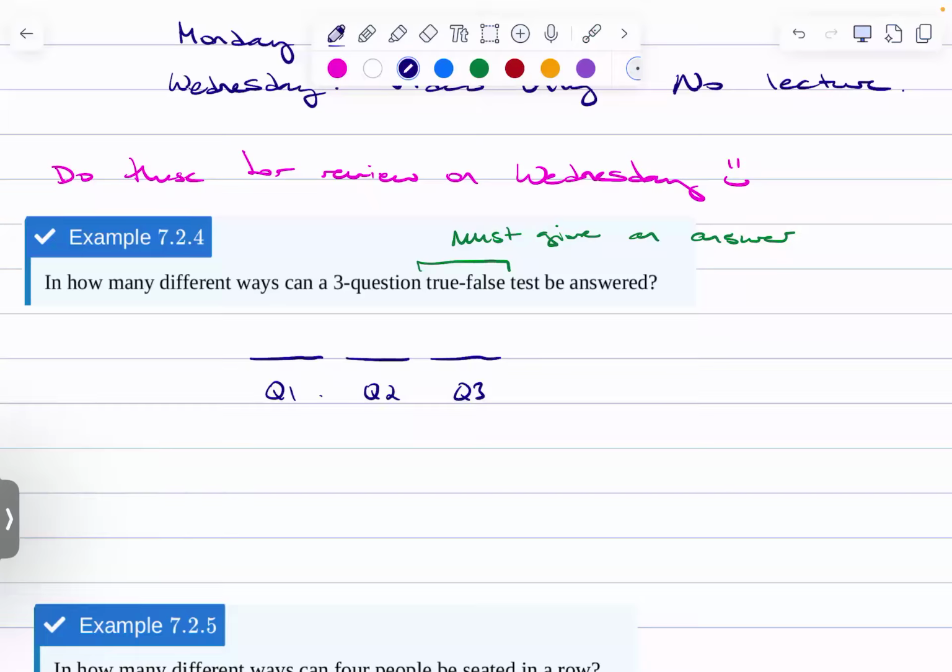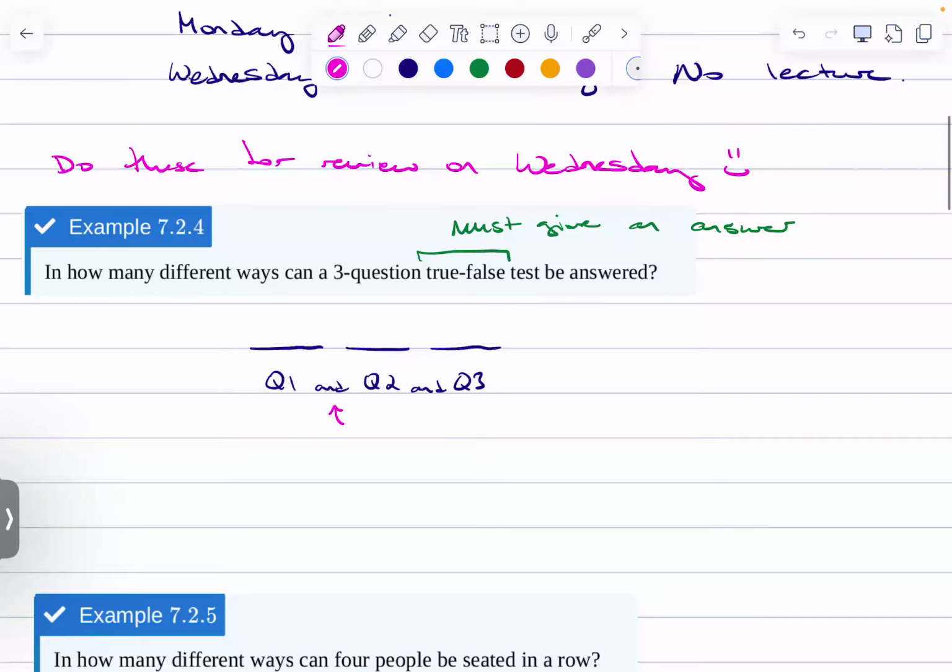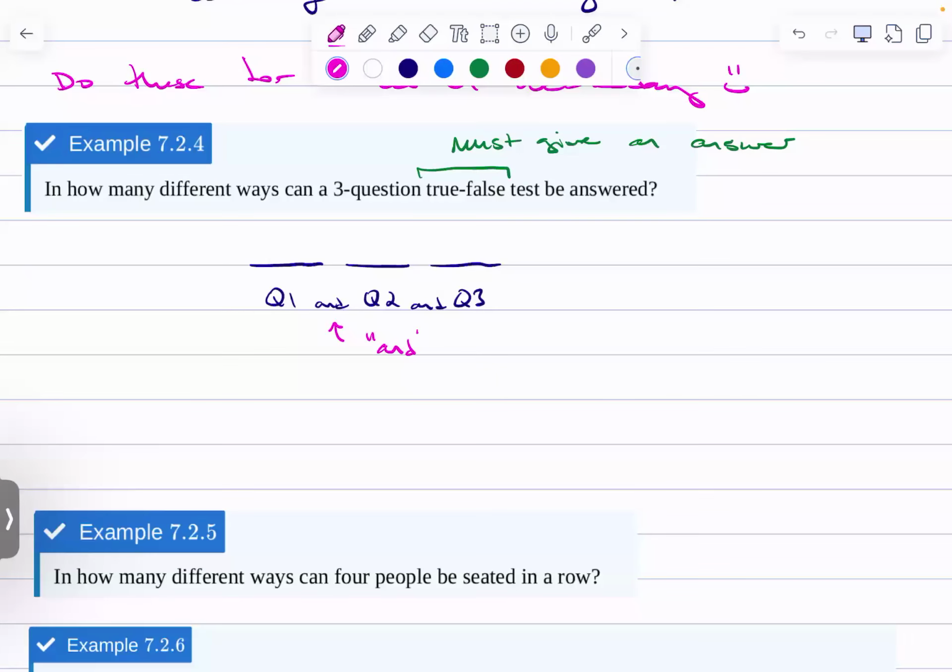And so here, and remember when we say and, it means multiplication. Sometimes it's hard to pick out when you should be saying and. Today we'll introduce or, which would be addition. But sometimes it's obvious, right? You have to answer question 1 and question 2 and question 3, right?